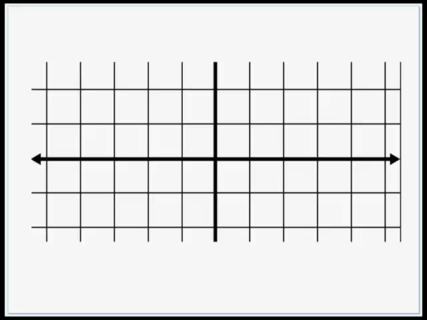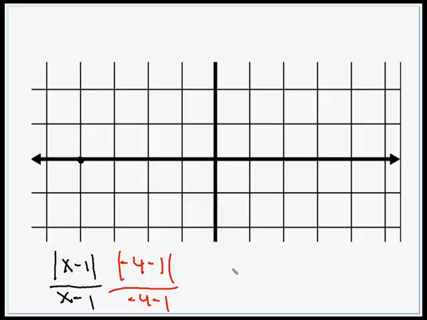Our function again was absolute value of x minus 1 over x minus 1. And let's say here on our y-axis, I'll use red on the left. If we plug in negative 4, we're going to get absolute value of negative 4 minus 1, divided by negative 4 minus 1, or 5 divided by negative 5.